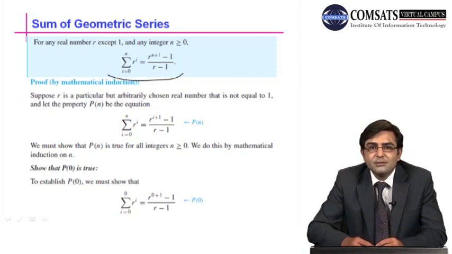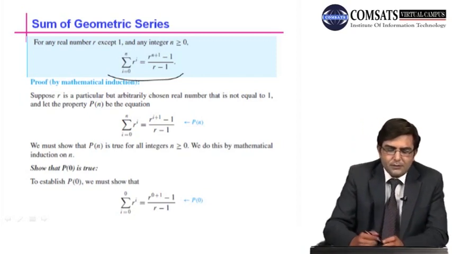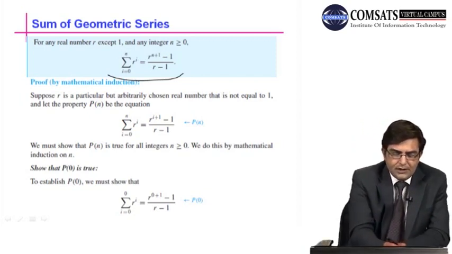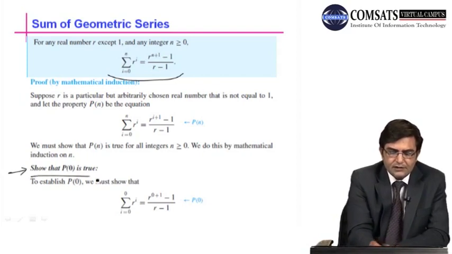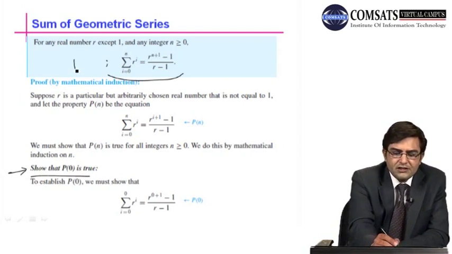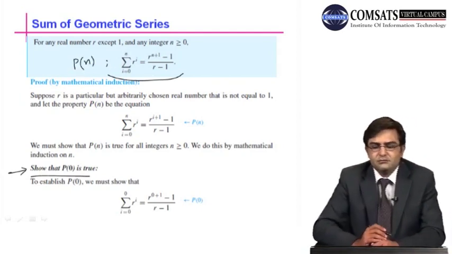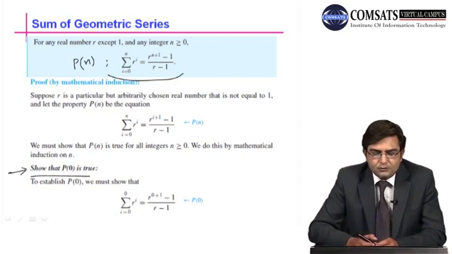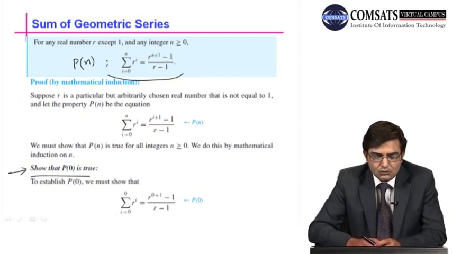I have told you in the previous lecture. So the first property, the basis property, we have to prove is: show that P of 0 is true. We suppose that this whole quantity is P of n. So first of all we have to prove it for P of 0, meaning when n is 0.